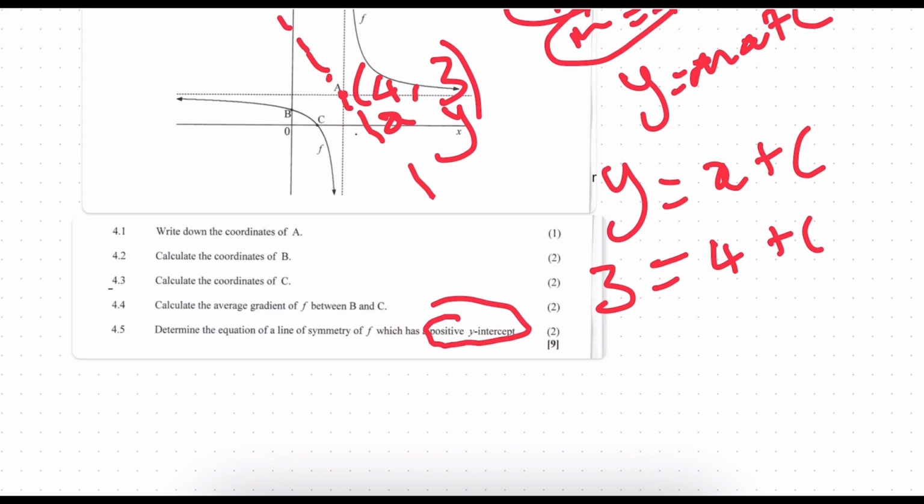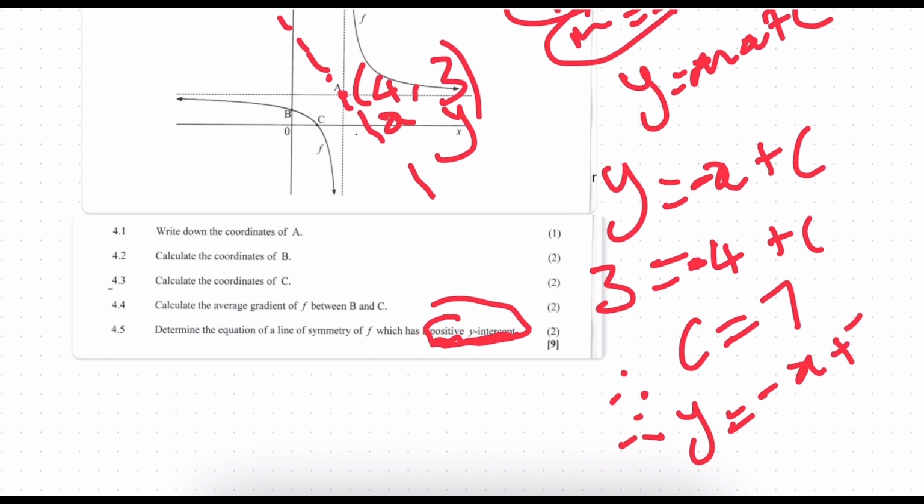They said positive y-intercept. That means your gradient is negative. Be mindful of that. I was trying to notify you of that, and it tricked me. So this is minus x plus c, so it's minus 4. Therefore, your c will be 7. The equation will be y equals minus x plus 7.